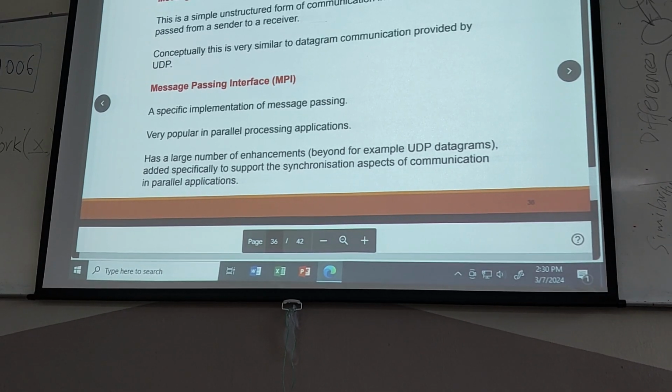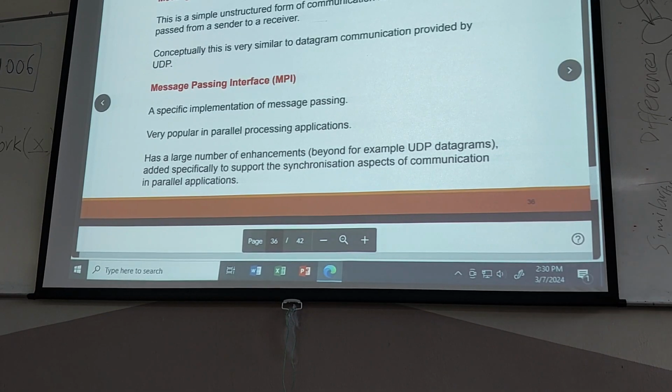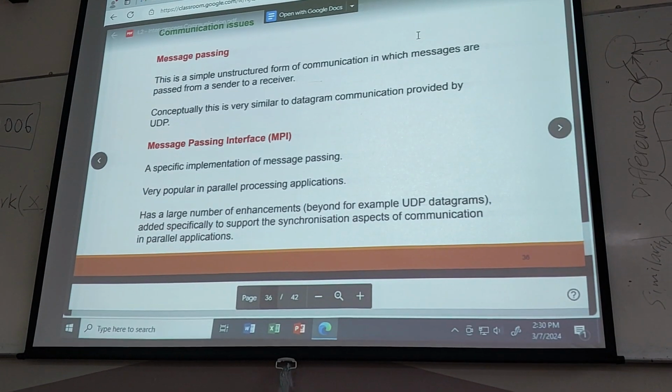OpenMP is only for parallel computing on a single computer. So with message passing, MPI, you can use it for different computers. So this is another way of doing parallel computing.